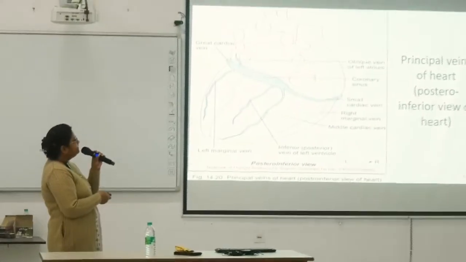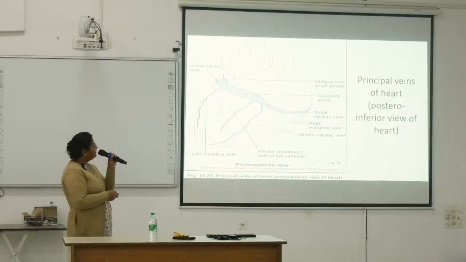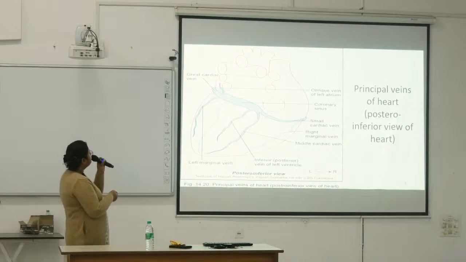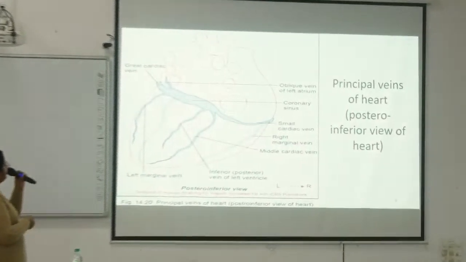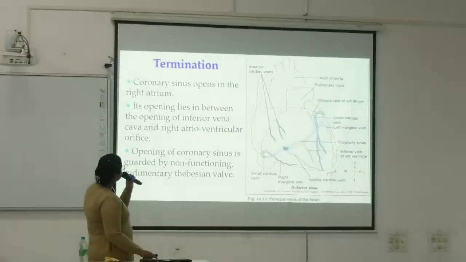Here in the right part of the posterior atrioventricular groove lies the small cardiac vein, and on this side, in the left part of the atrioventricular groove, lies the great cardiac vein. The great cardiac vein also lies in the anterior interventricular groove.